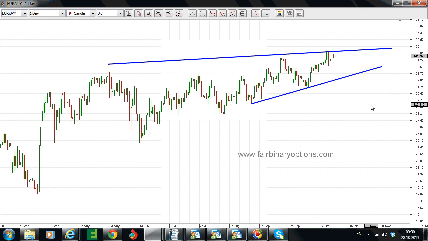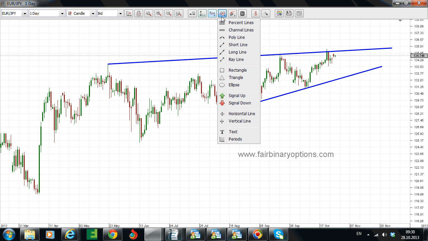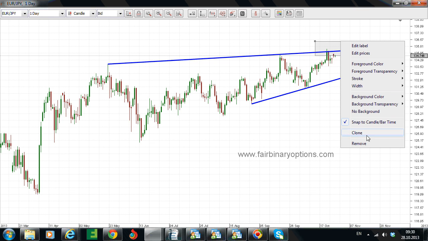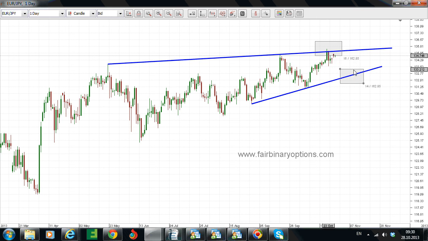Now, because of that, I'm looking at buying puts because of this A, B, C, D, E, or 1, 2, 3, 4, 5. The fifth wave, as you can see, pierces the 1, 2, 3 trend line. And normally our target to the downside should be now something like this.